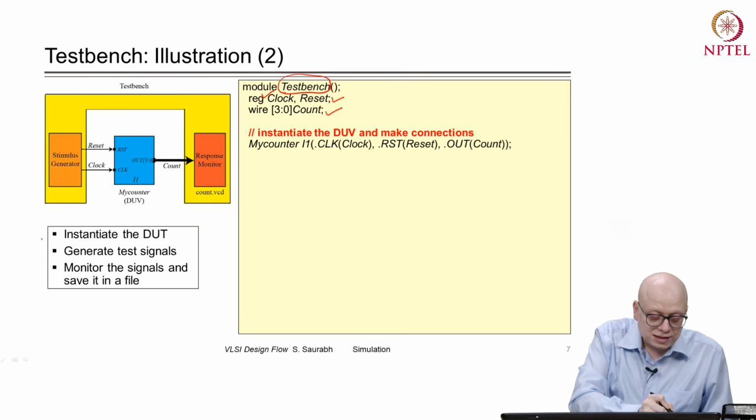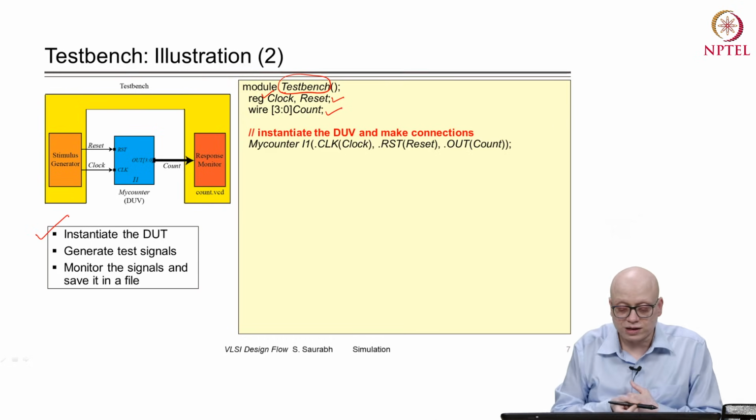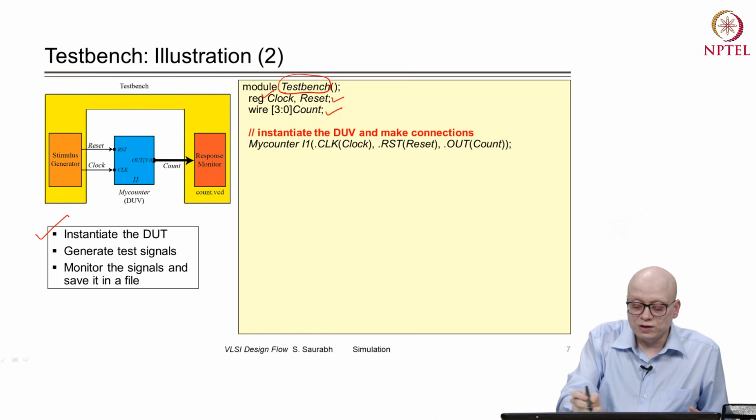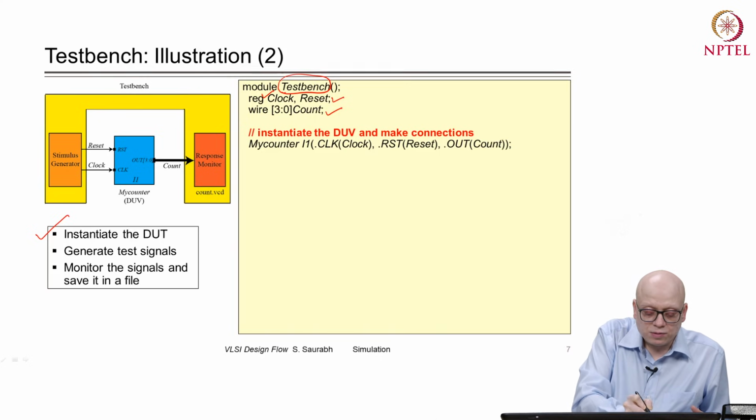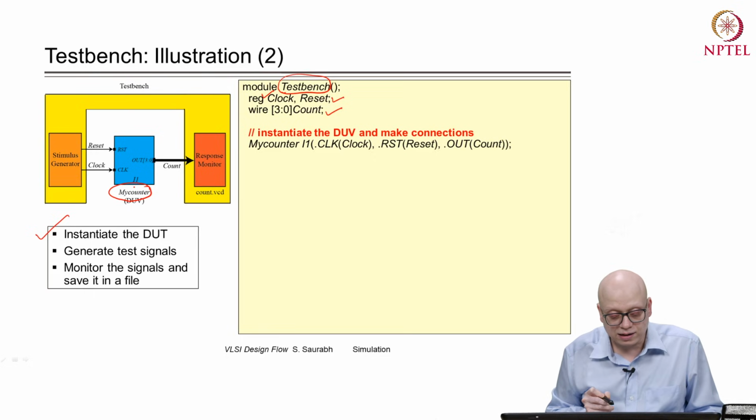Then the first task is to instantiate the design under test or design under verification. So, we instantiate my counter, which is our design under verification.